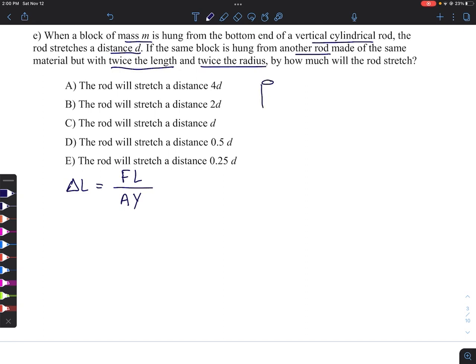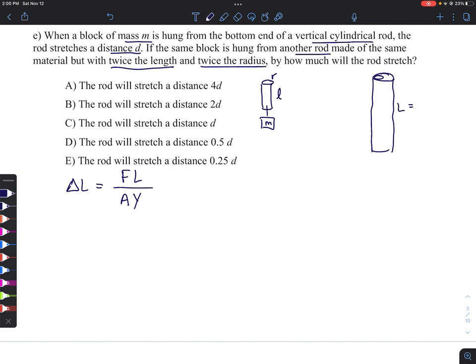So we start out with a rod, and we're hanging a mass M, and this has radius R and length L. Now our new rod has twice the length, but it actually has twice the radius too, so I should really make it a little bit thicker there.